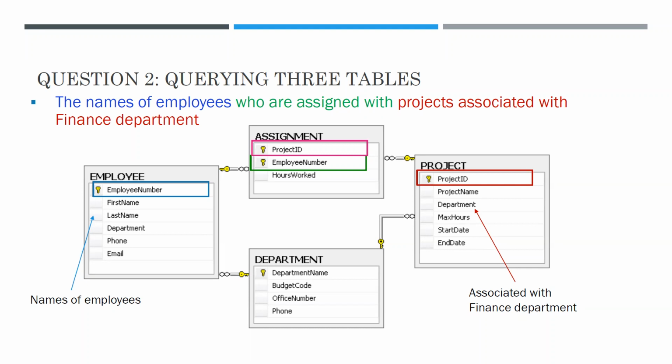We don't read the project ID in assignment, but it has two columns that have everything. It has employee number to merge employee. It has project ID to merge project. And so that's why we consider it. Exactly. So that's why I call it unique to both tables in different ways.